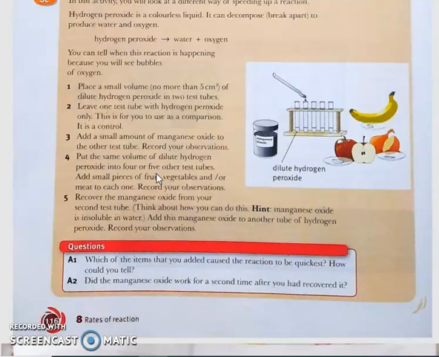In the second test tube we can see that the rate of reaction is faster because we have added an extra catalyst. In the first test tube it will be a slow process because we have not added any catalyst or any factors that influence the rate of reaction.